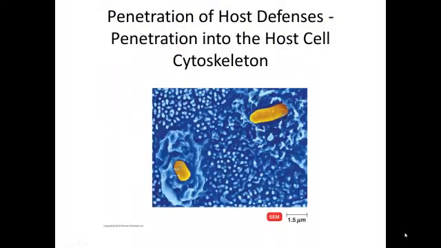Now, penetration in the host cell cytoskeleton is stuff that we're looking at currently, which is kind of interesting. Some bacteria can actually attach to a host cell and tell it to phagocytize it on purpose. Or you can have changes in the cytoskeleton, such as in the case of hemorrhagic E. coli, where you can form a pedestal.